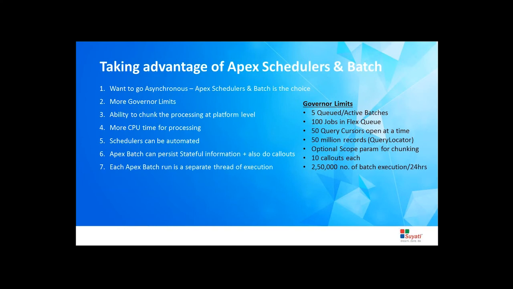So for every batch execution, there are separate timers. But if you think from an Apex trigger, the moment it enters the Apex trigger, just one timer starts ticking. And by the end of the Apex trigger, if it's a huge Apex trigger, the time taken would be too much.